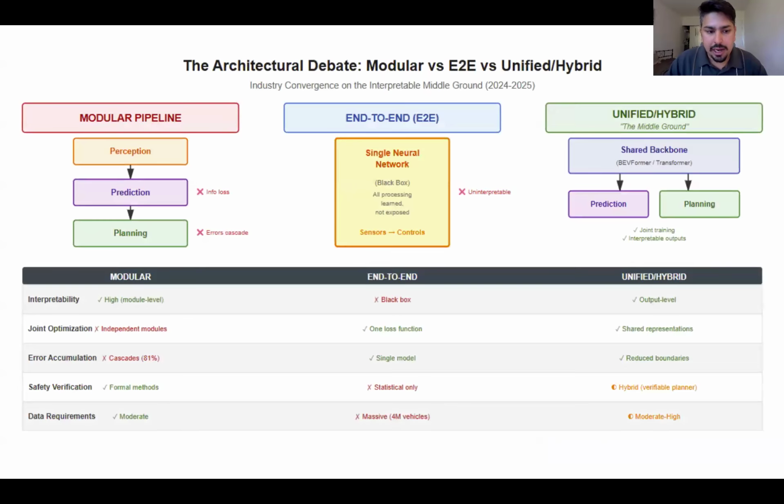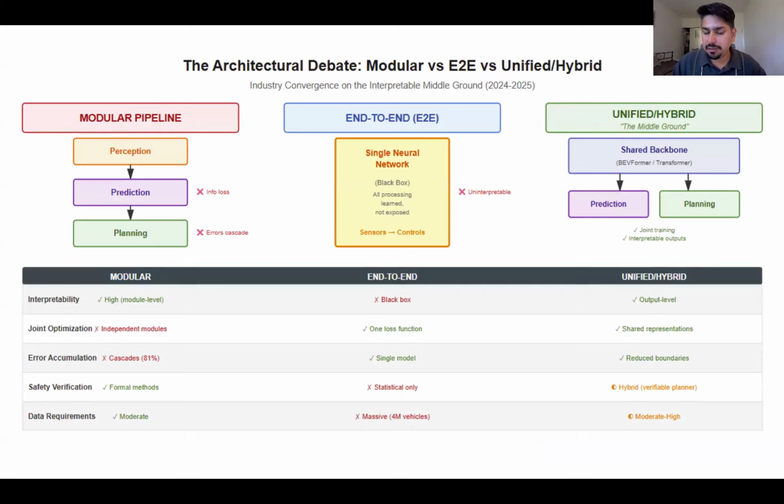Yeah, and I would like to end this slide by saying that between these two approaches, we're also seeing convergence to a middle ground, with hybrid architectures where yes, we are relying on prediction modules and other things, but we are also trying to combine prediction and planning in a unified single backbone model, which is a transformer itself.